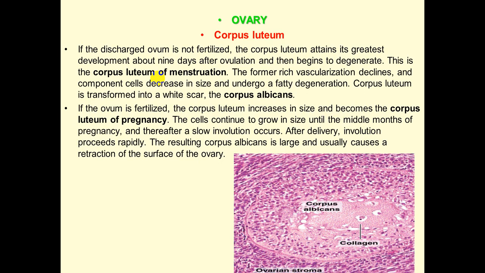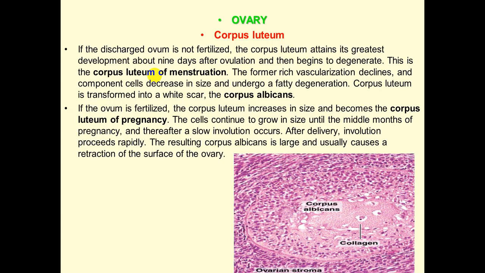But then, if pregnancy is absent, step by step, the lutein cells undergo degradation. The concentration of progesterone slightly decreases in the blood of the woman, and the sex cycle comes to the end.